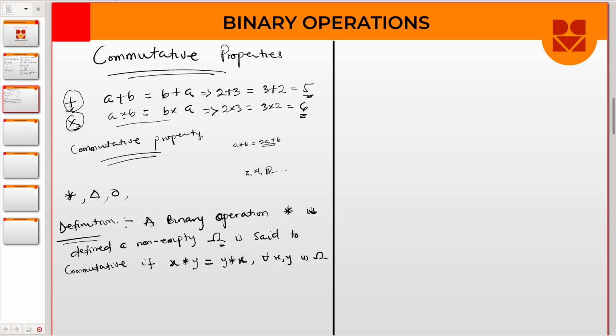Alright, so basically this is what the definition of the commutative property means. We first have to check whether x operation y is the same as y operation x. Then if x operation y is the same as y operation x, we can say that the operation is commutative.